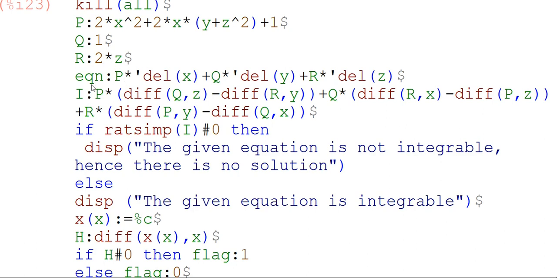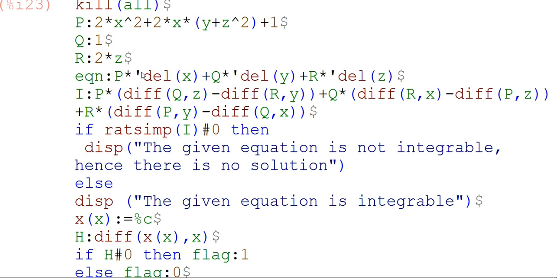So the given equation is of the form, I call this as EQN. This is my user variable. You can call it by any name, but maintain whatever you have taken till the end of the program. So p into dx; dx in Maxima can be written as del of x. But I don't want to do any differentiation or simplification of the term dx. That's why we are giving a backslash here.